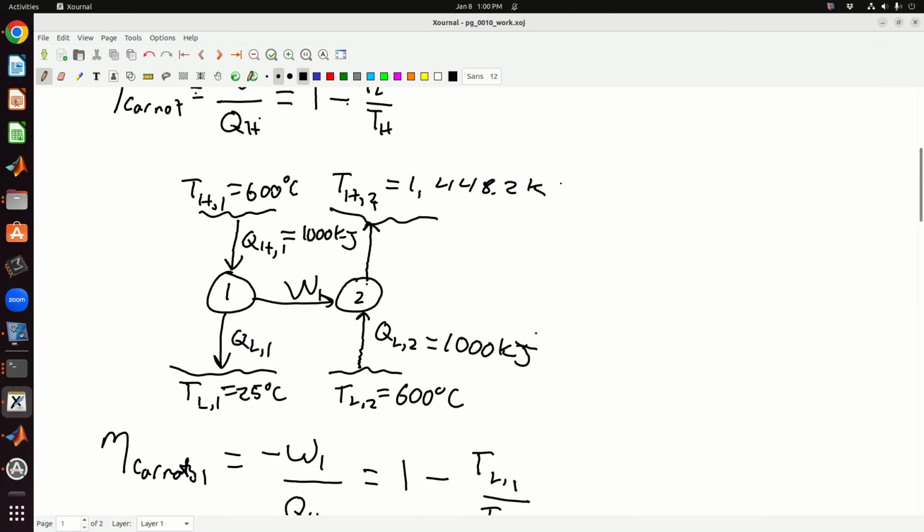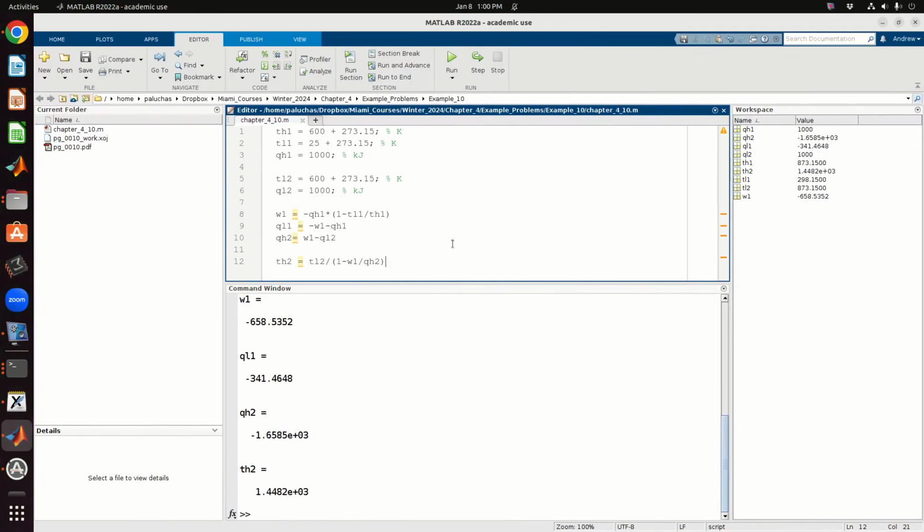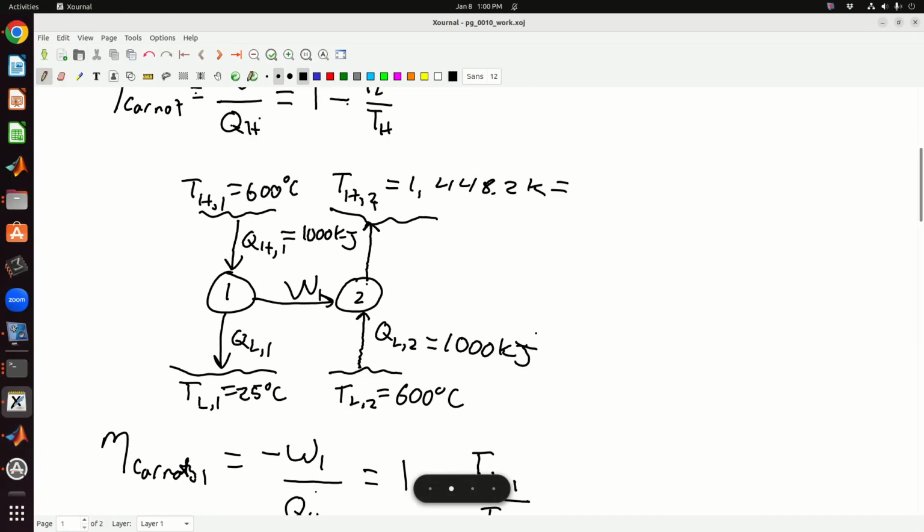And then if I want to get that into degrees C, TH2 in degrees C would be TH2 minus 273.15. Just so we're all on the same page, that's 1,175 degrees C. So the temperature of my second hot body, TH2, is 1,175 degrees C.